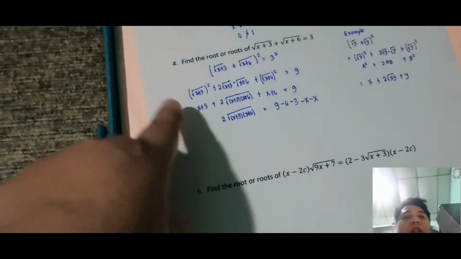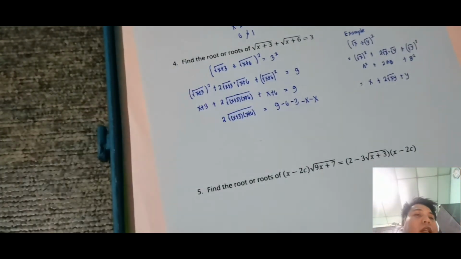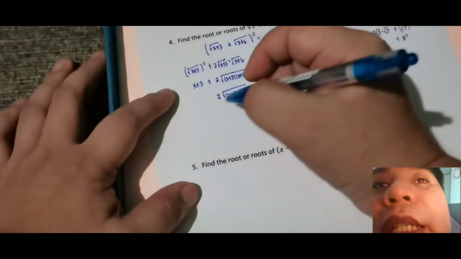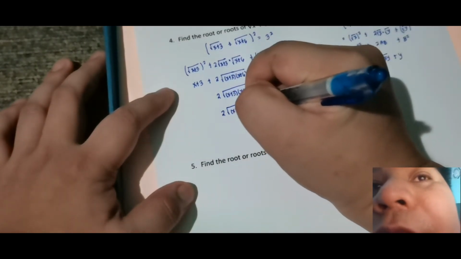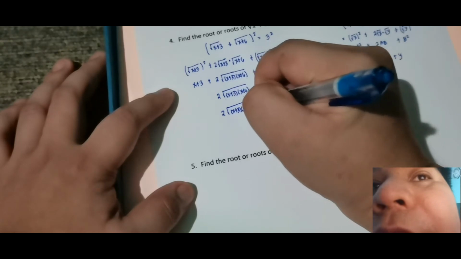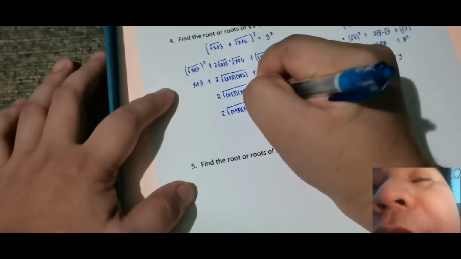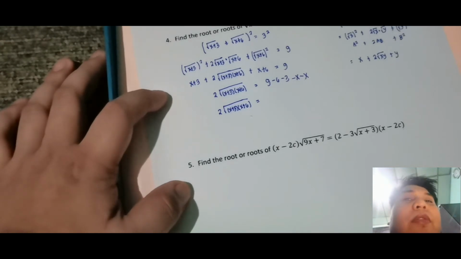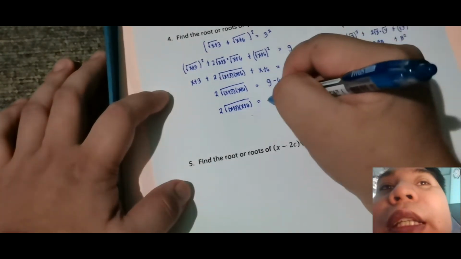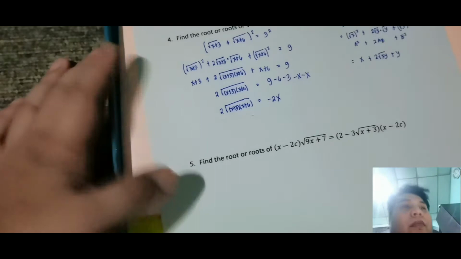So transpose ko lang yung x, 3, 6, and x. Okay, and this is equivalent sa 2 square root ng x plus 3 times x plus 6 equal to sa 9 minus 6 minus 3 is 0. Okay, and this is equal sa negative 2x.